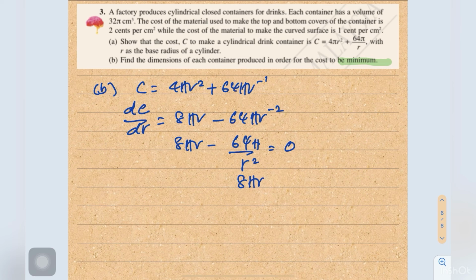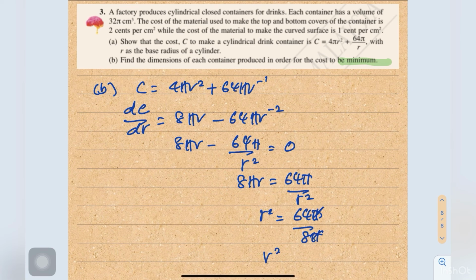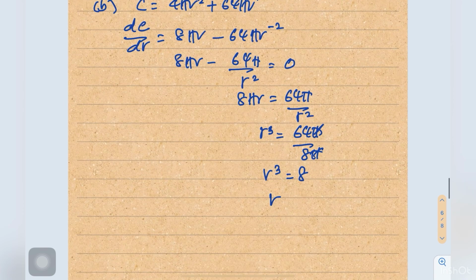So 8 pi r equals 64 pi over r squared. r cubed equals 64 pi over 8 pi, so r cubed equals 8, then r equals 2.